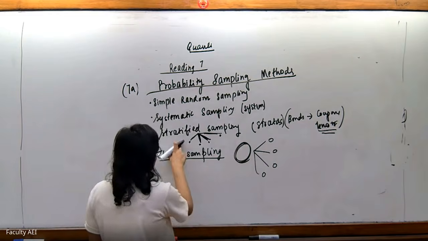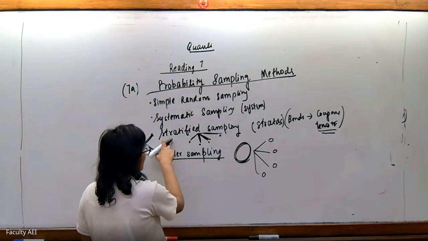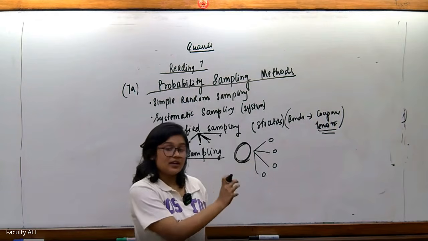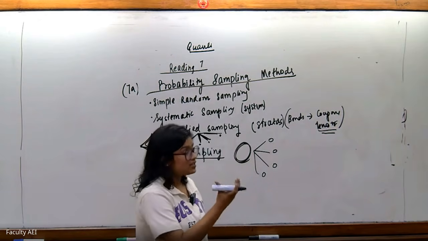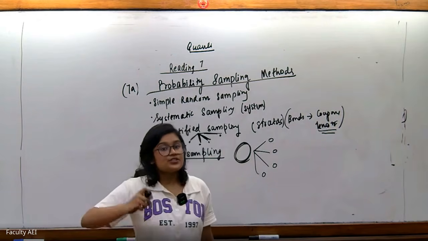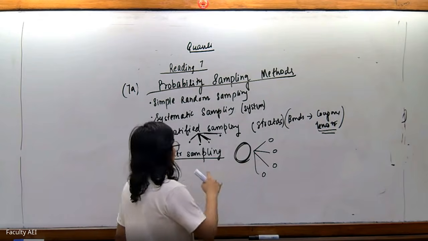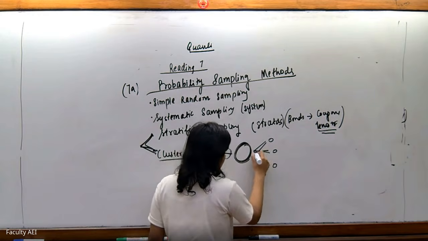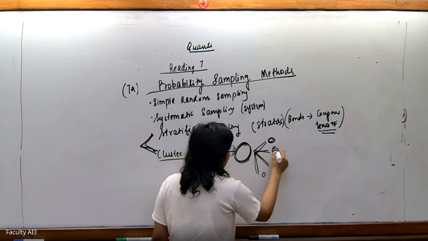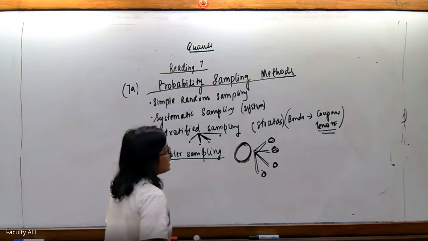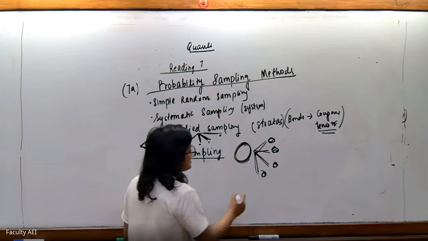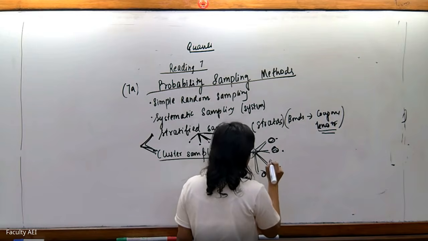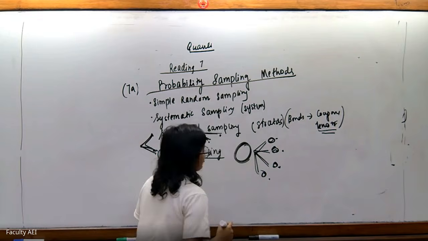But in stratified sampling, you assume that each strata has a particular characteristic which is different from the other strata. In cluster sampling, the whole population is divided into clusters, and each cluster is assumed to be representative of the whole population. This cluster is no different than this cluster, and this is also similar to this cluster.